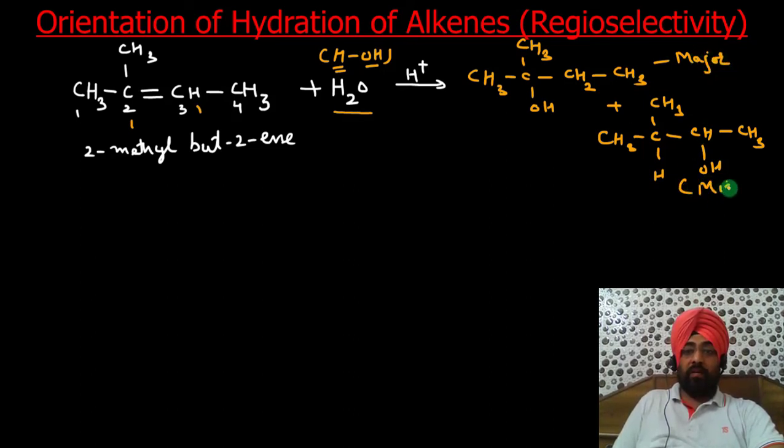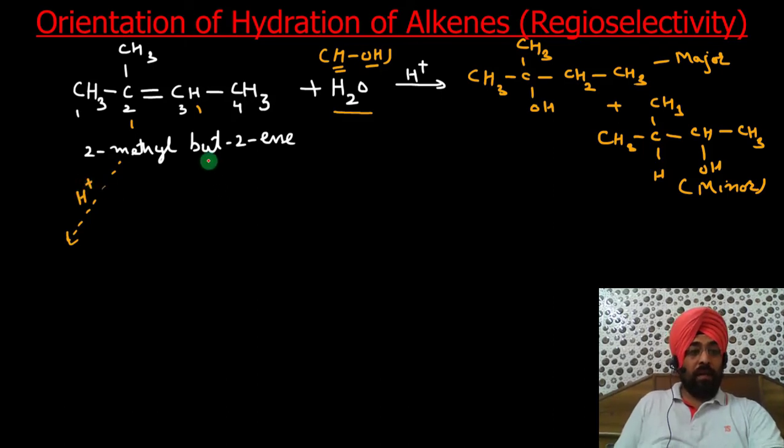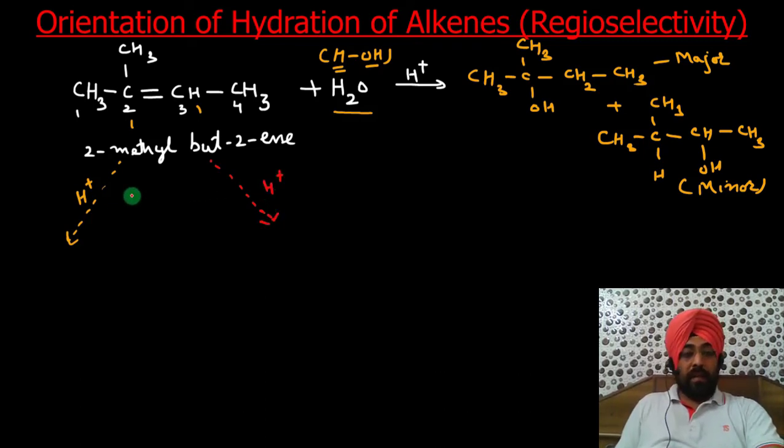Now let us try to explain it with the help of our mechanism. Let us see the first step. The first step was addition of proton. There were two possibilities.